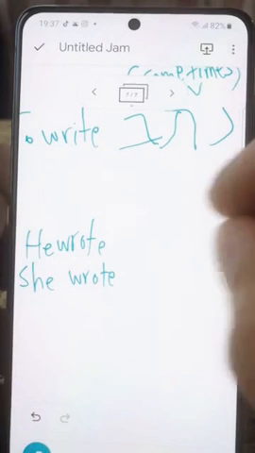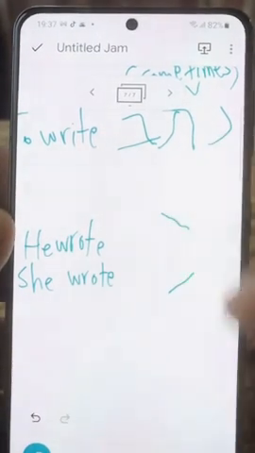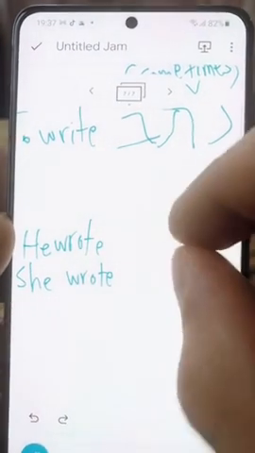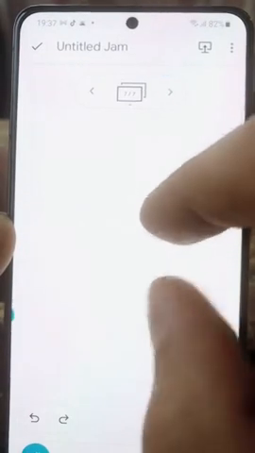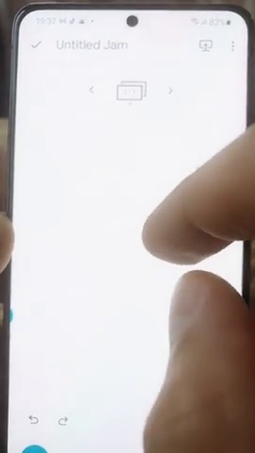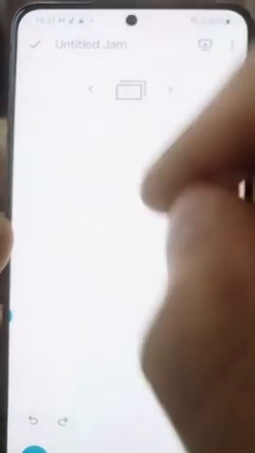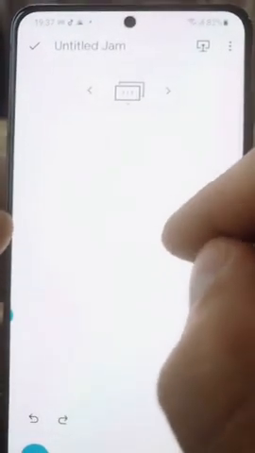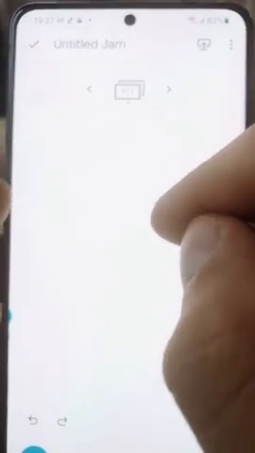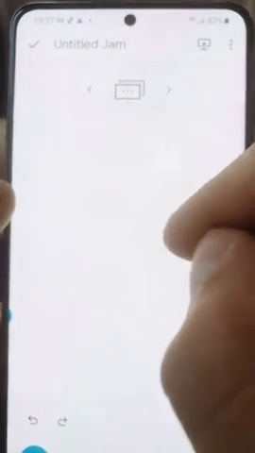In Arabic, by the way, huwa here, the same thing.